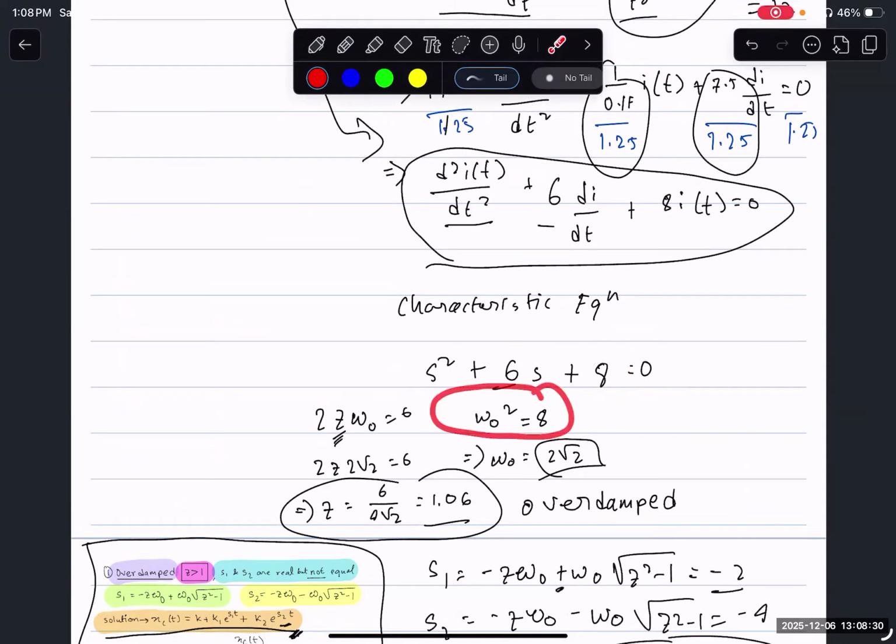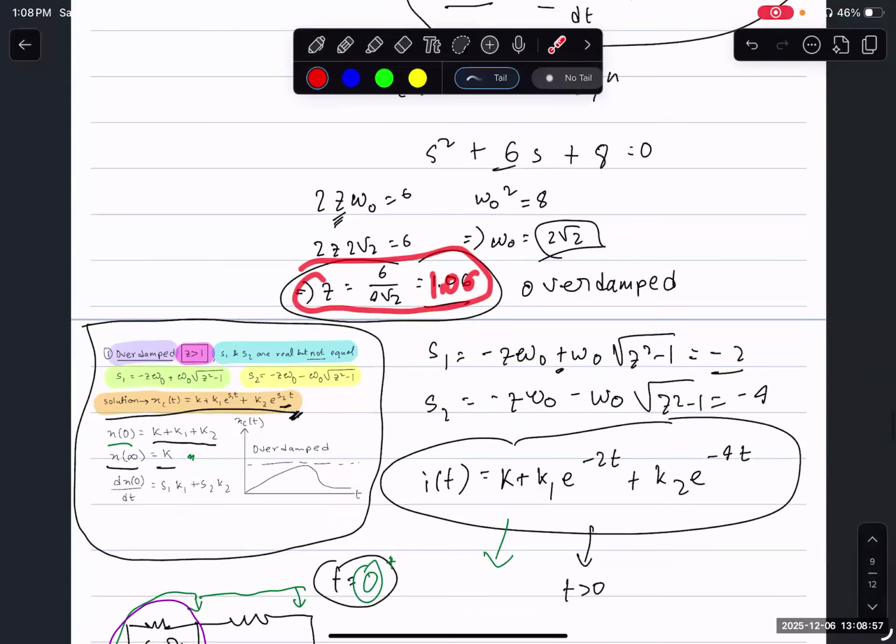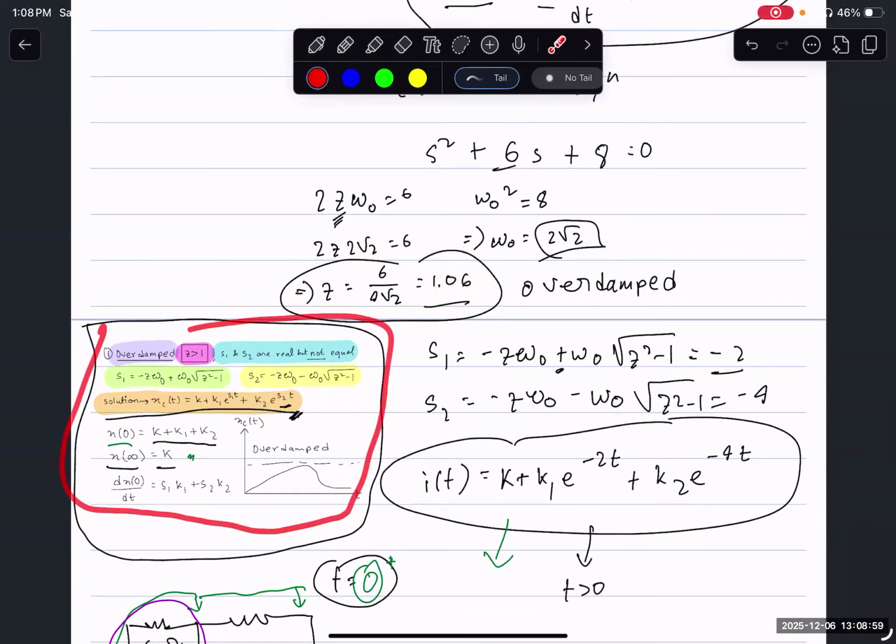So omega squared, we have 8. Omega is going to be the square root of 8, which is 2 root 2. Then this is the 2 zeta. I just write it as C, it's easier for me to write down. So 2 zeta omega naught is equal to 6. Replacing the omega naught here gives zeta to be 1.06, which means it's overdamped, right? And then come in the formulas that you have for the overdamped system.